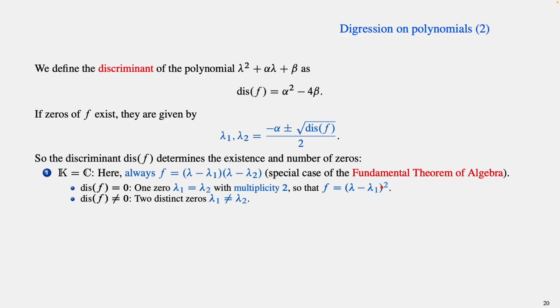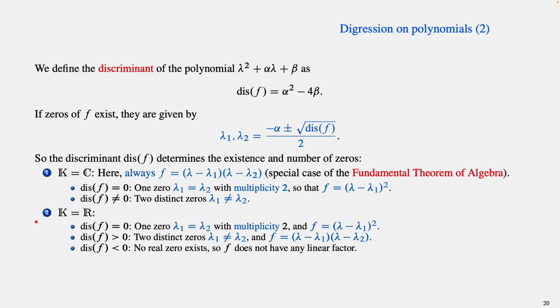So this linear factor appears twice in f, and that's why we say it has multiplicity 2. The other case is where the discriminant is non-zero. So we have two distinct zeros then, lambda 1 and lambda 2, depending on whether we pick plus or minus here. And those are the cases for the complex numbers.